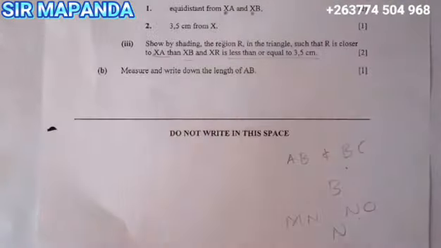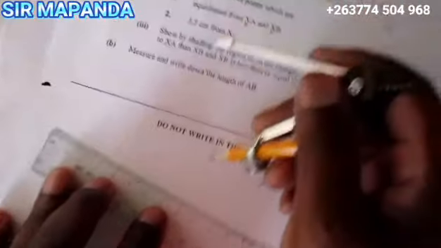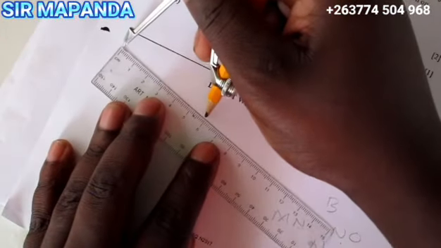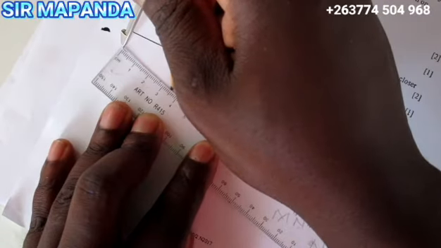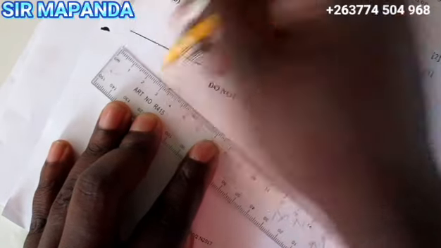We move on to the second part of part 2. Construct the locus of points, right, which are 3,5 centimeters from X. This locus requires a full circle, right? You measure 3,5 first from 0. Put your compass here. 3,5 is between 3 and 4. This is 3,5.